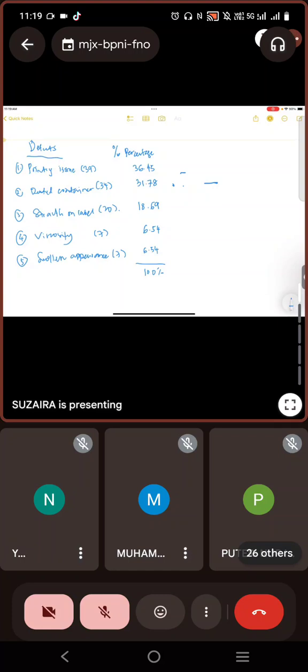Okay, now we have to calculate for the cumulative percentage. So now when you have the cumulative percentage, for the first one you have 36.45.